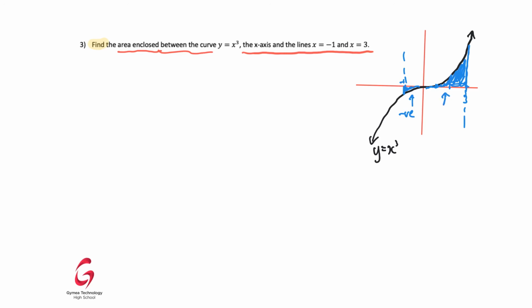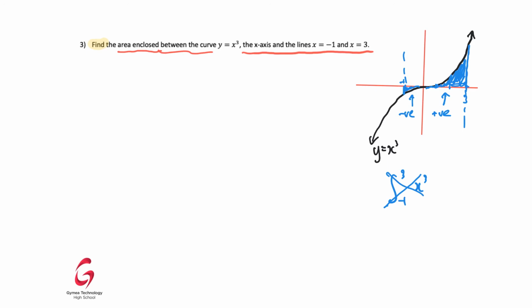And this part here between 3 and 0 will give us a positive value. All right, so we're going to have to do something different, because if we just went and did the integral between 3 and -1 of the function, we won't get the right answer. So we don't want to be doing that.